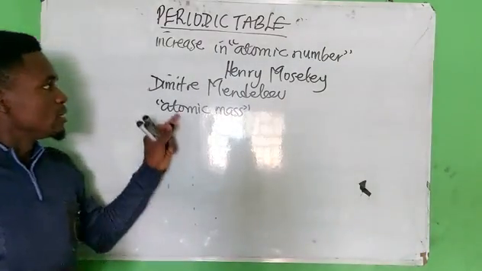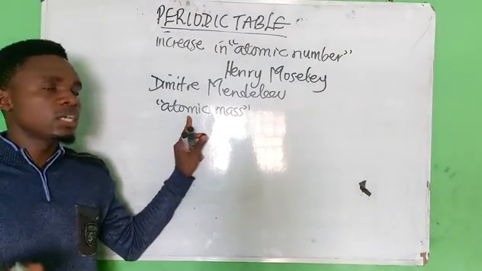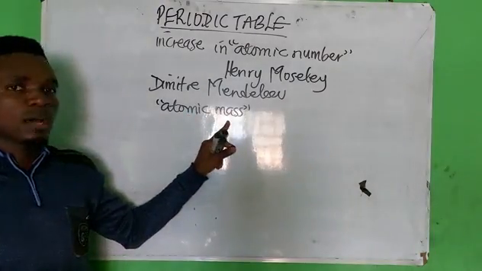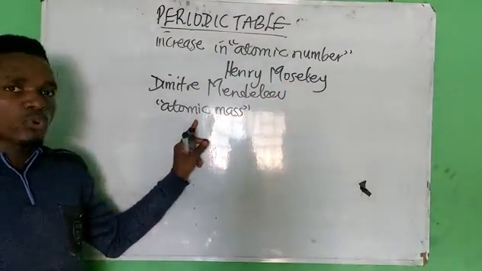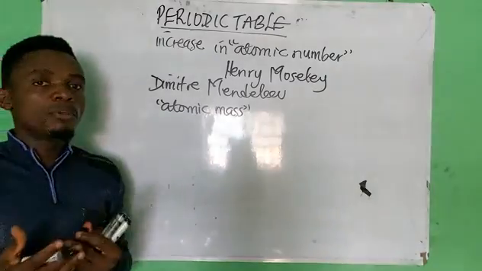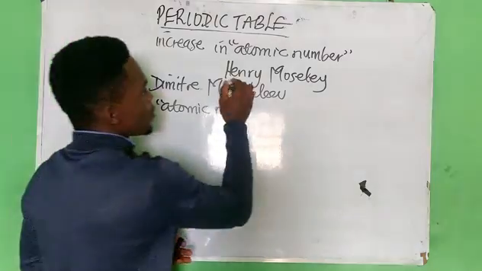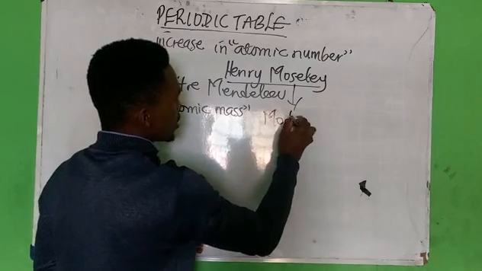But Henry Moseley said that no, his postulation was wrong. He said that elements should be arranged in the periodic table based on increase in atomic number. His postulation led to what is called the modern periodic law.